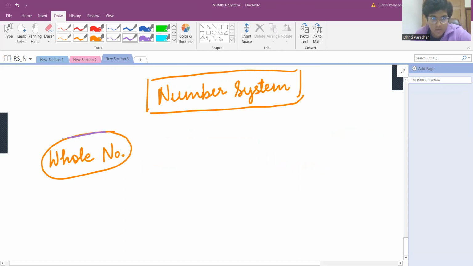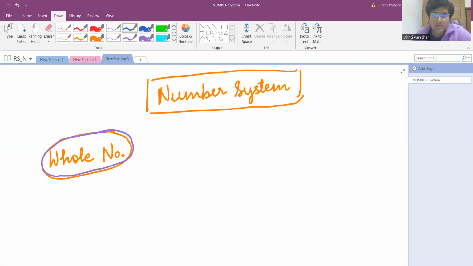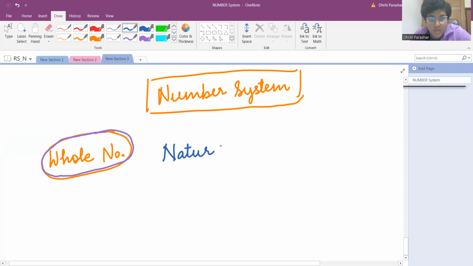Second type of numbers, do it in a different color. Yep. Second type of numbers, I just reversed it. Okay, never mind. I'll go this way now.